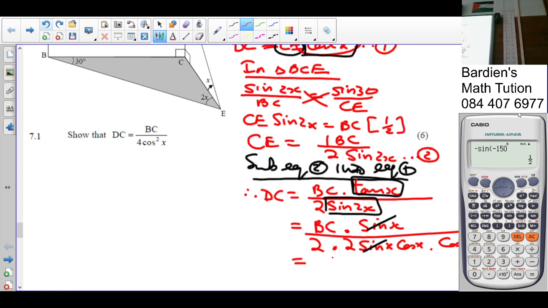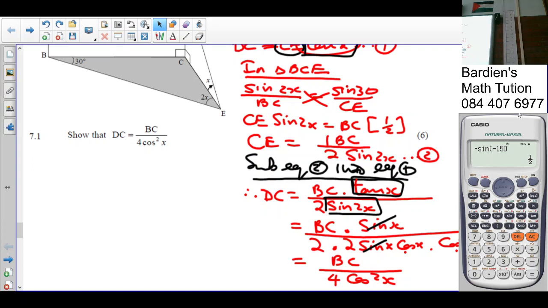In turn we are left with BC over 2 times 2, which of course is 4, and cos times cos is cos squared x. So now we have proven what they wanted us to prove, that DC is equal to BC over 4 cos squared x.